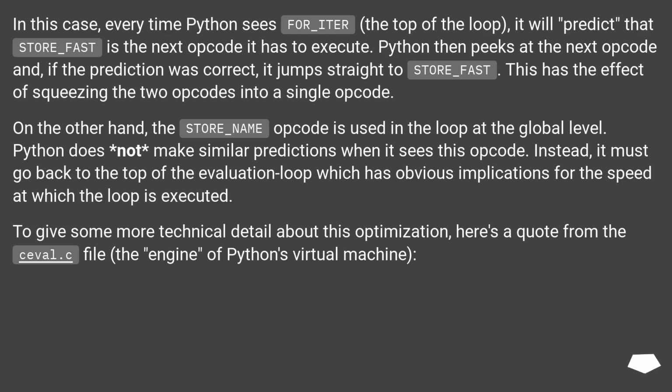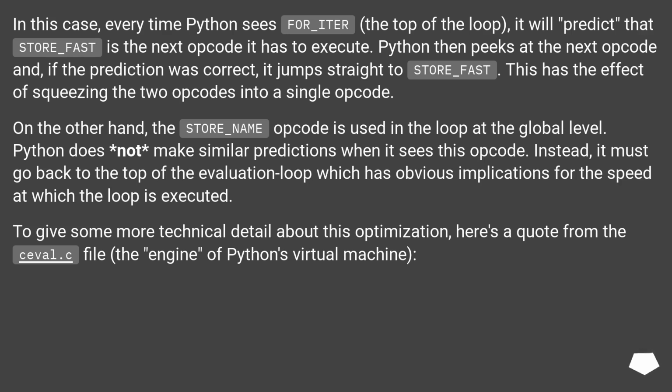In this case, every time Python sees FOR_ITER, the top of the loop, it will predict that STORE_FAST is the next opcode it has to execute. Python then peeks at the next opcode and, if the prediction was correct, it jumps straight to STORE_FAST. This has the effect of squeezing the two opcodes into a single opcode.